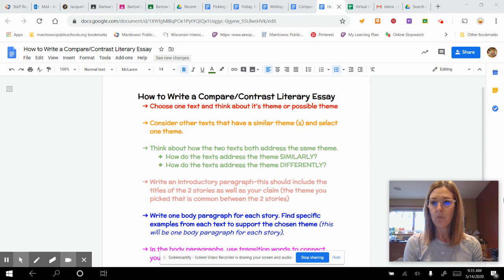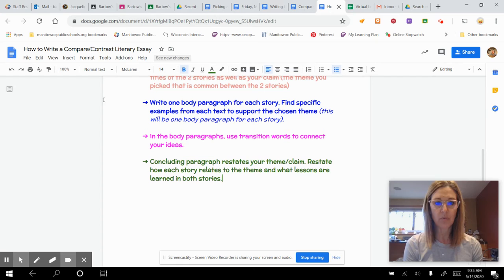So right now, we are on the blue, right? One body paragraph for each story. Find specific examples from each text to support the chosen theme. So within our paragraphs, we want to make sure that we have our claim, and then we are finding evidence from each story to support that claim.